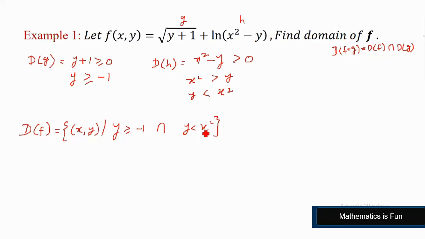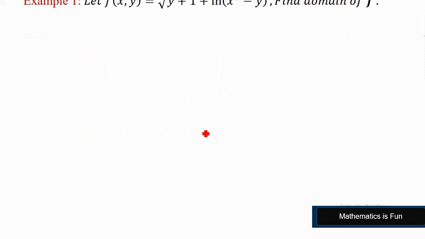So now we would sketch the graphs for g and h. Then we would find the common region for these two domains. The common region for these two domains would be the domain for the given function f.